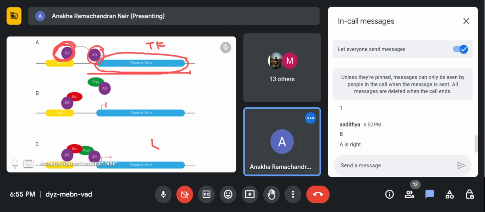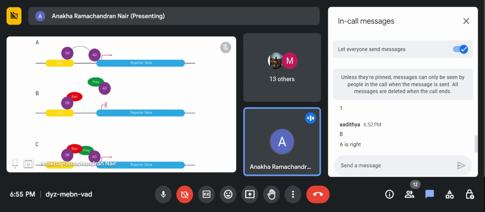Like I told you, the DNA binding domain and the activation domain are different functionally and structurally. So they have different functions as well as different structures, so they can be separated, and they can be fused to two separate proteins.